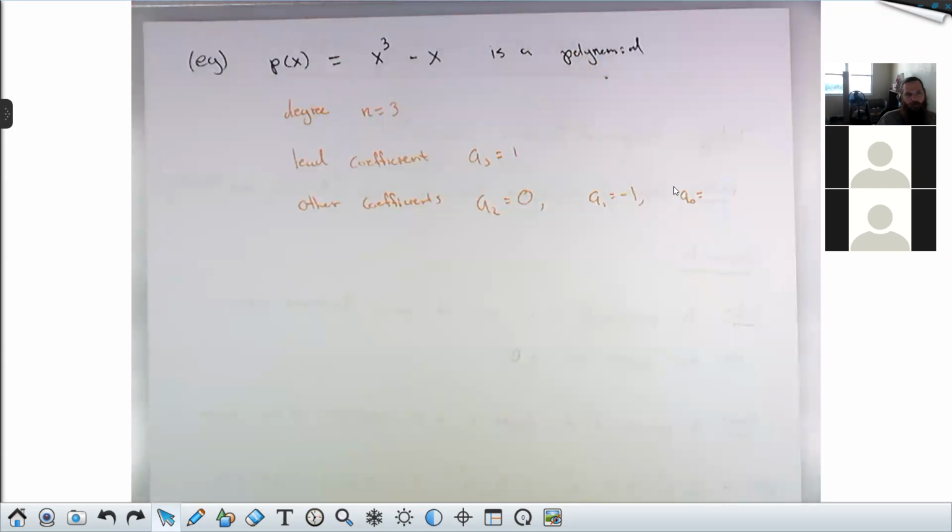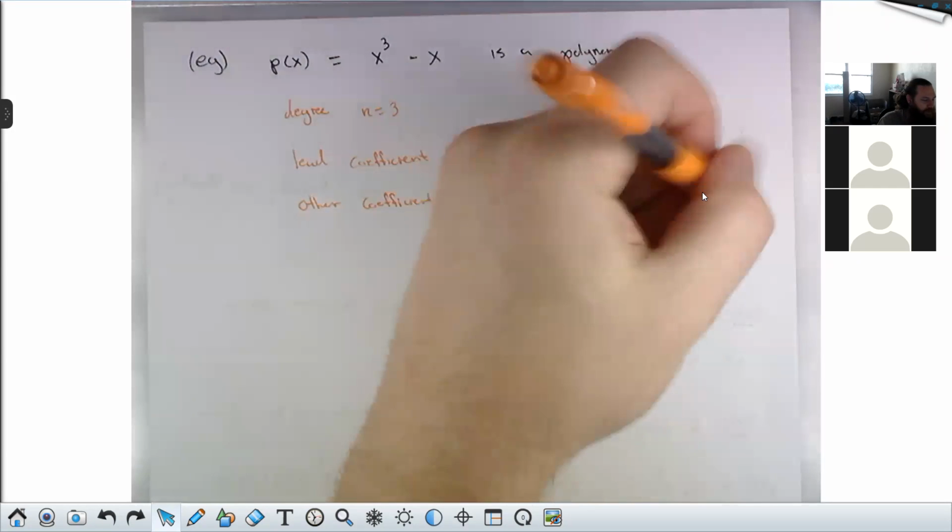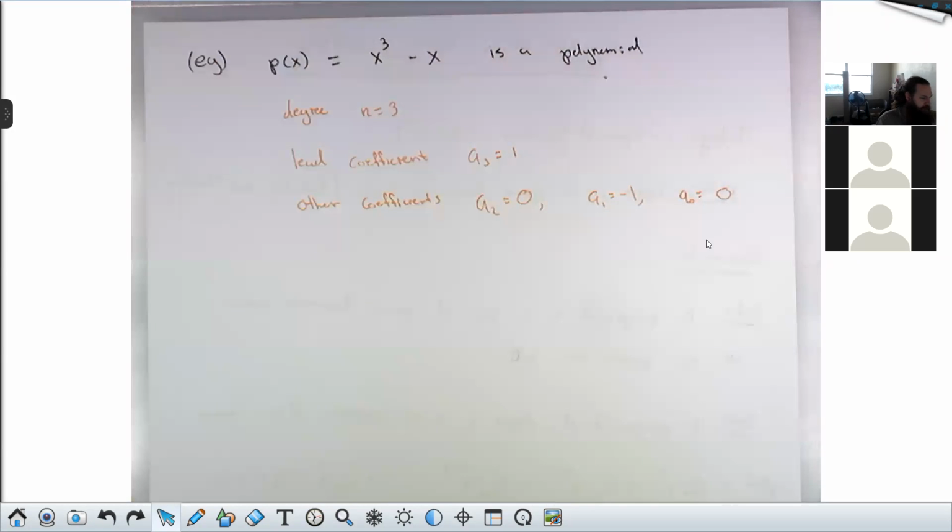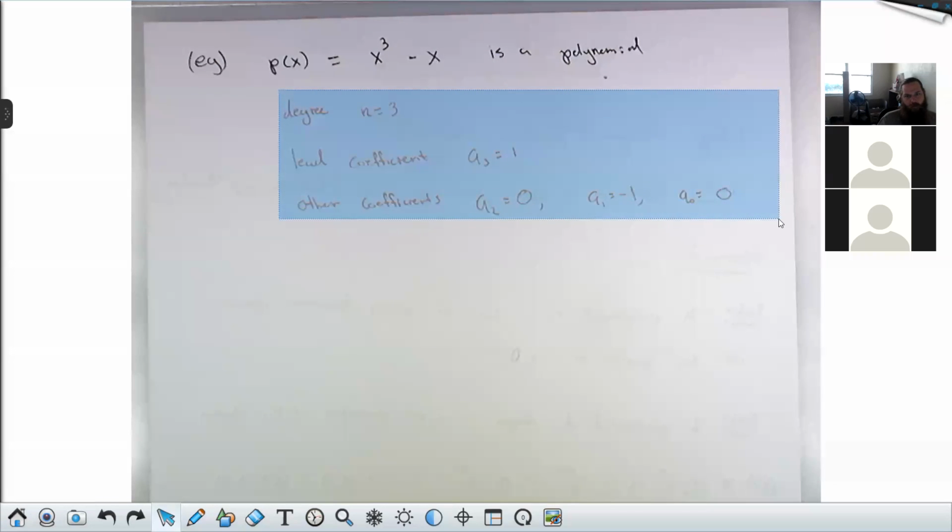Yeah, this is 0. In the same way that the quadratic coefficient, A2, is 0, the coefficient of x squared. Are there any questions about where this information is coming from? This one's a little bit harder to read the other coefficients off from.